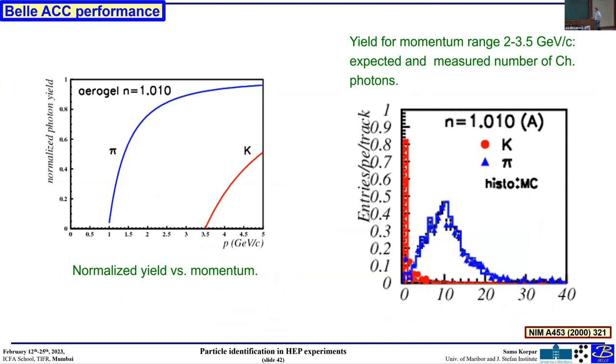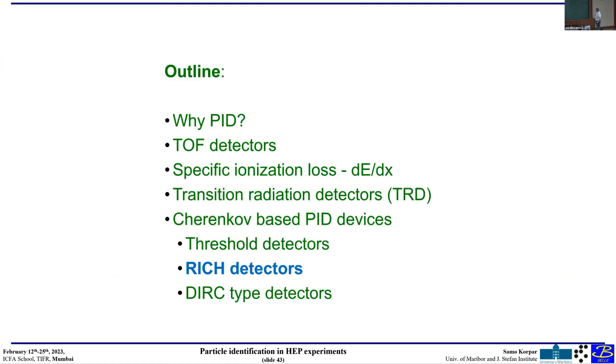You can have a very high energetic delta electron in aerogel that would produce light, even though the particle was below the momentum to radiate, or your particle can hit the photon detector window and produce Cherenkov light there, which will again fake the Cherenkov light. This you can in principle know from tracking, but if the delta electron is produced in the aerogel, you cannot really distinguish it. So there is never a perfect separation, but you can see that pions are nicely separated from the kaons in this signal. So this is the example for the threshold detectors.